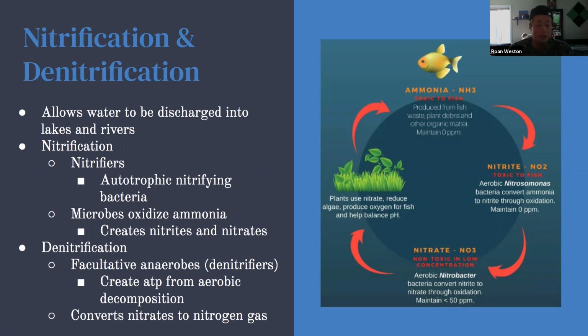Additionally, you can use denitrification, which utilizes facultative anaerobes, which are known as denitrifiers. What these guys are doing, similar to what we saw in the activated sludge systems and some of the other methods, is they create energy, ATP, from aerobic decomposition.